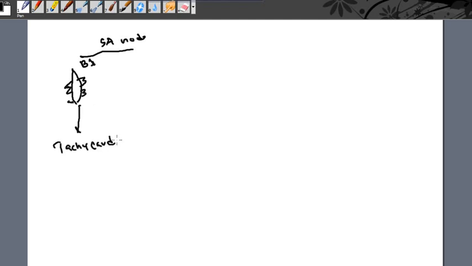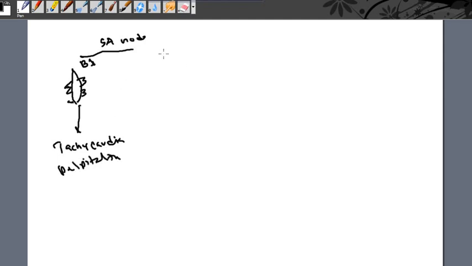Number one, in hyperthyroidism, suppose this is the AV node. In the AV node a very high concentration of beta 1 receptor is expressed on the surface, and if this beta 1 receptor is stimulated, this will lead to tachycardia and palpitation.